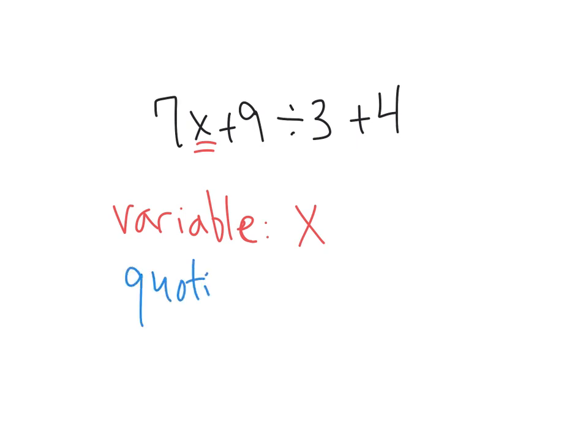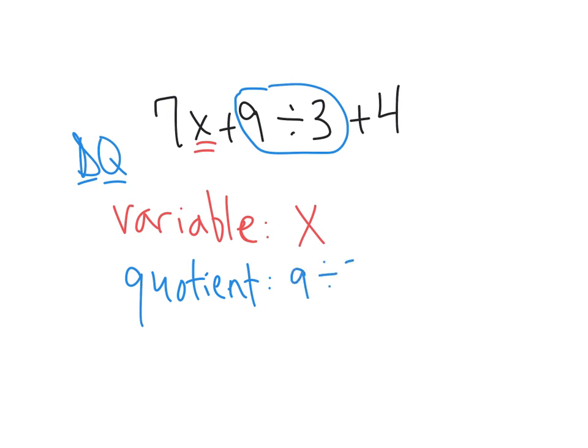If they ask about a quotient, that is a division problem. Remember, DQ, division, quotient. So 9 divided by 3 is going to be a quotient.